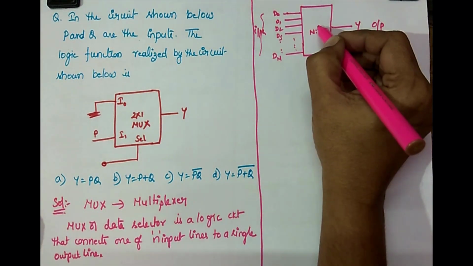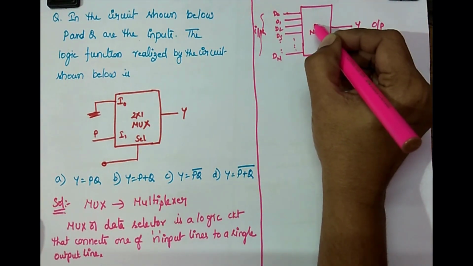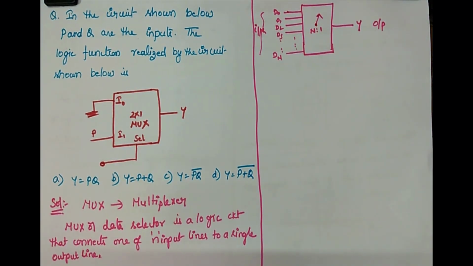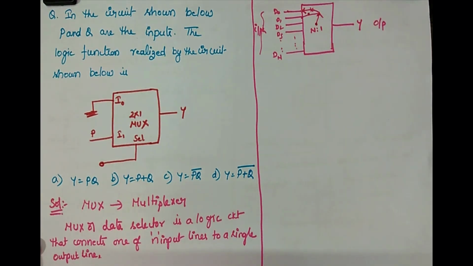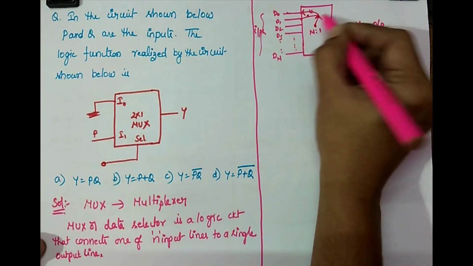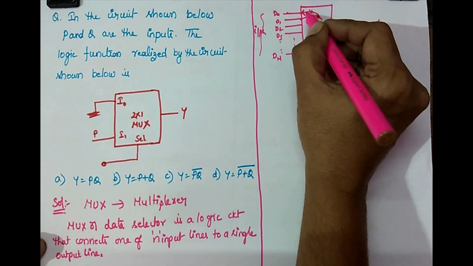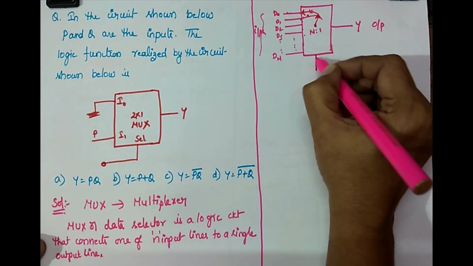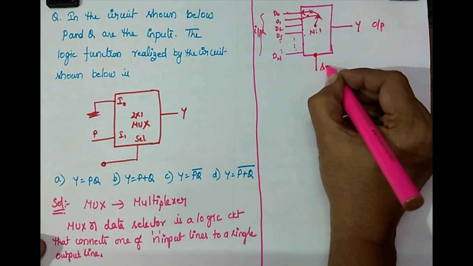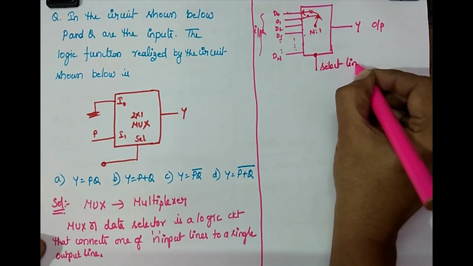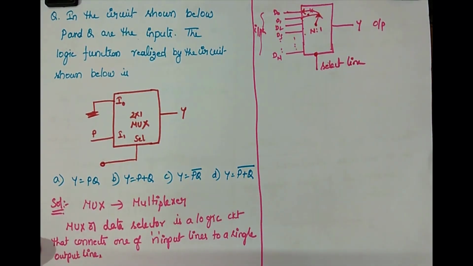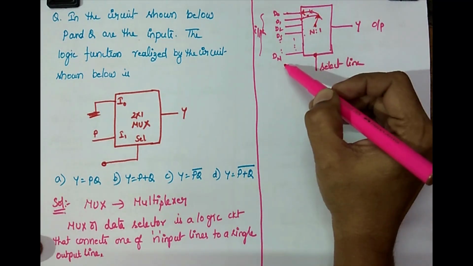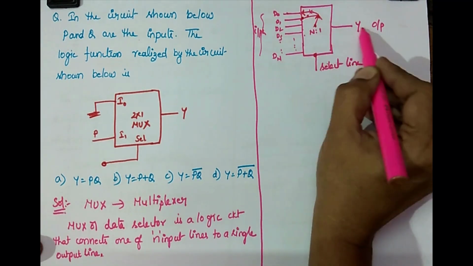Now there exists a data selector switch here which selects the input data. There exists another input here that is called the select line or select input. So based on the select input, it selects one of the n inputs and sends it to the output.